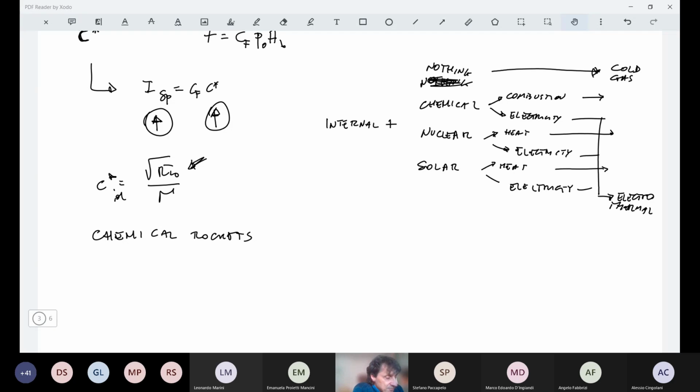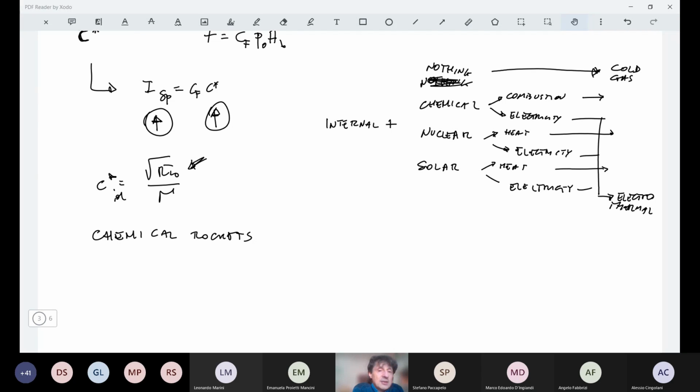The reason is that this energy is released internally, it is stored inside the propellant itself, and this allows us to have a high thrust to weight ratio, and a relatively cheap and easy realization.